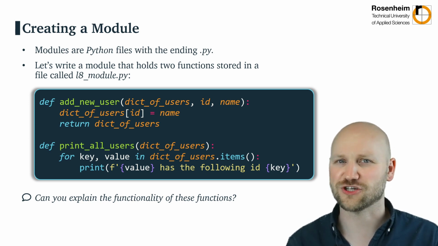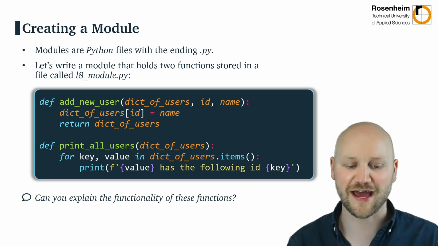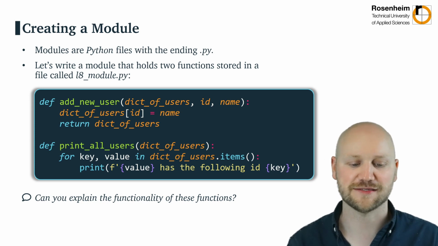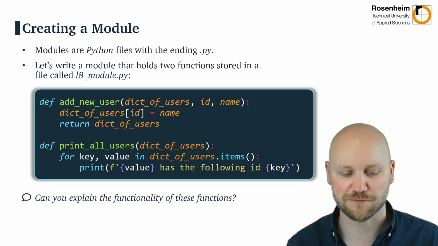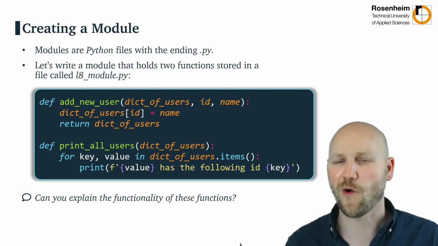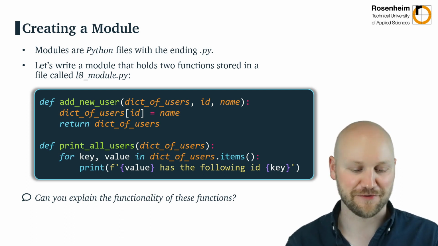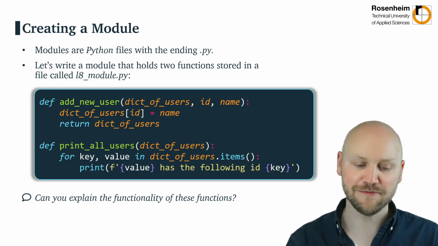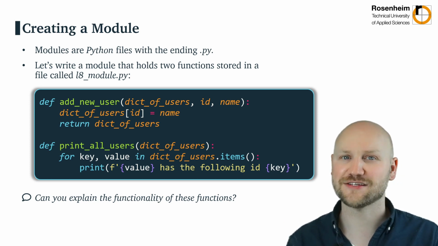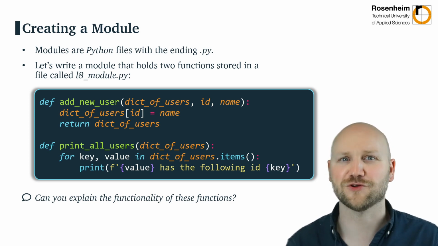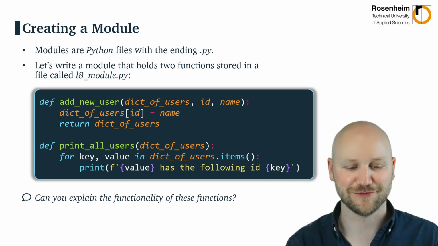In the first function we are getting a dictionary, adding something to that dictionary, and then returning the dictionary. Yeah, that's an in-place operation, we don't need to return it, but let's pretend we are doing it. The other function is just printing all the users. These two functions we put in a file called l8_module.py, and this is our module now. This is everything you have to do to define a module.